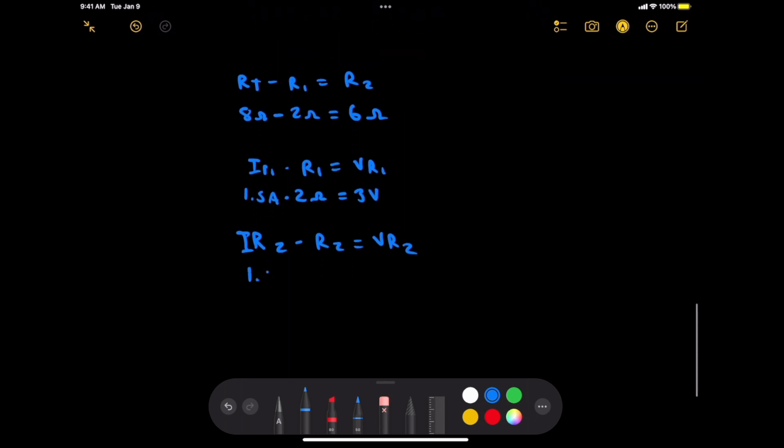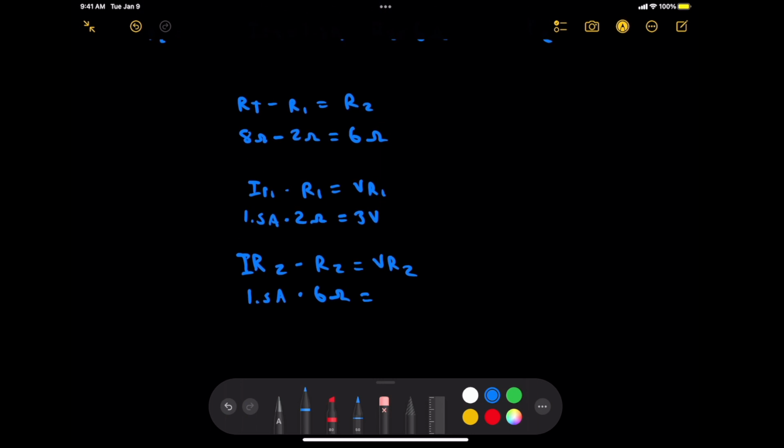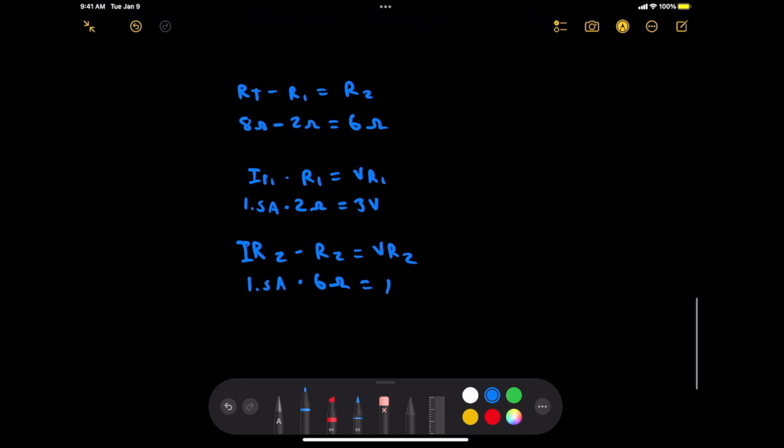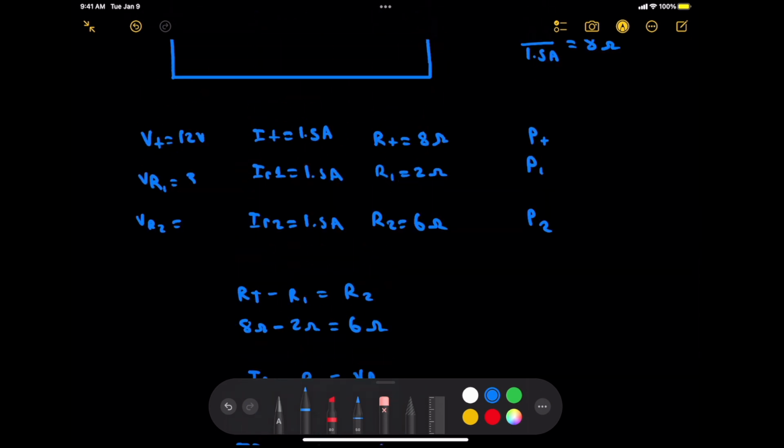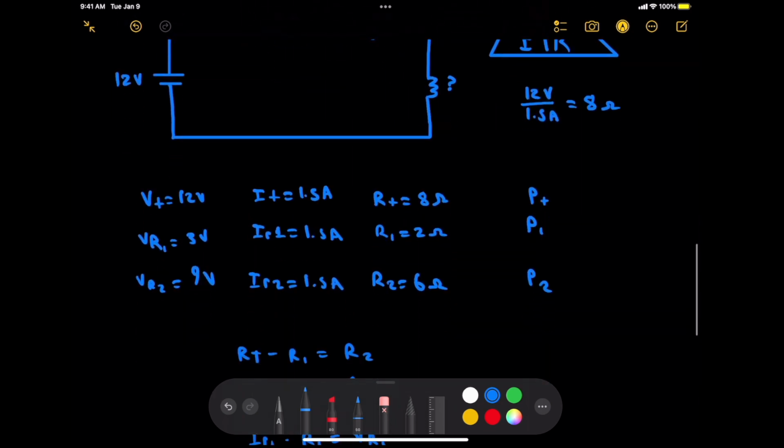And 1.5 amps multiplied by 6 ohms, and just to make sure that's right, 1.5 times 6 is equal to 9 volts. So we have 3 and 9. And to double check our work, we know our voltage total is 12 volts. So the individual voltage values should add up to that. And we see 3 plus 9 is indeed equal to 12.